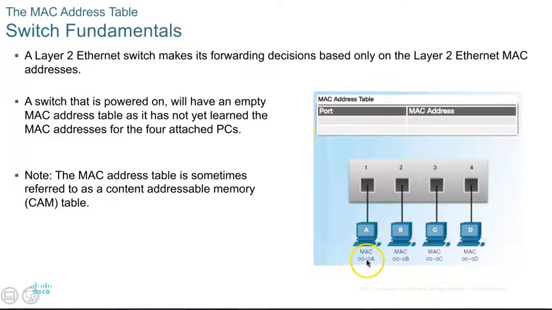This is just an abbreviation to make it short. In port 2, I have 00B and so forth. This way, when traffic, let's pretend from computer D, needs to go to computer A, the switch makes that decision by using the source MAC address and the destination MAC address.